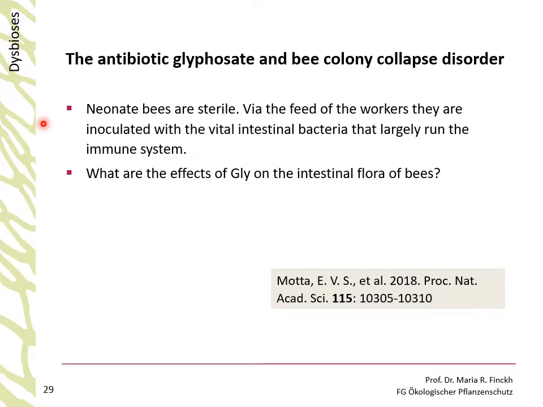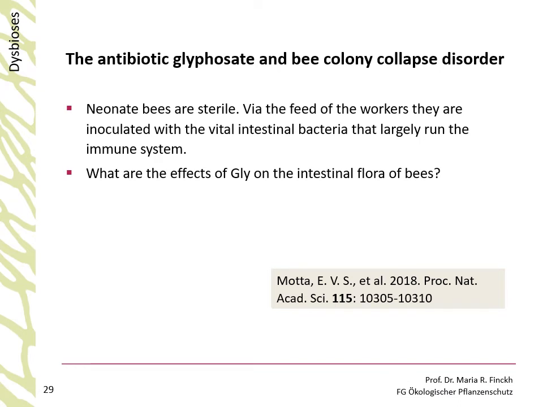So some people in Texas did some very interesting research. There are several papers continuing all the way into 2020, and I'm presenting just a few of these data to make the point. What one needs to know is that neonate bees, the ones that are emerging from the pupa, are sterile. And they get fed with regurgitated food.